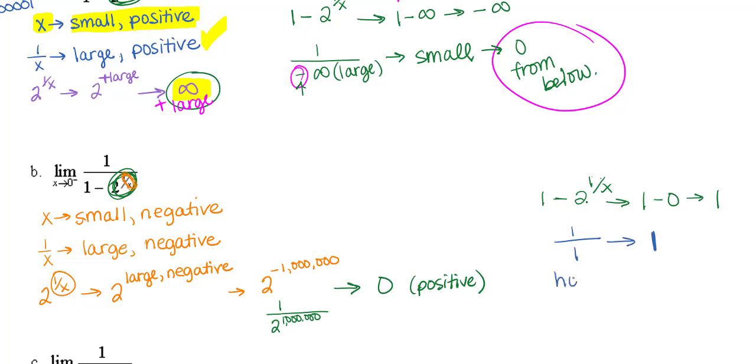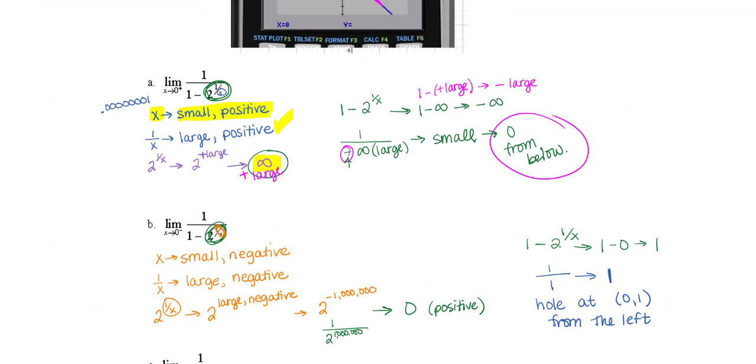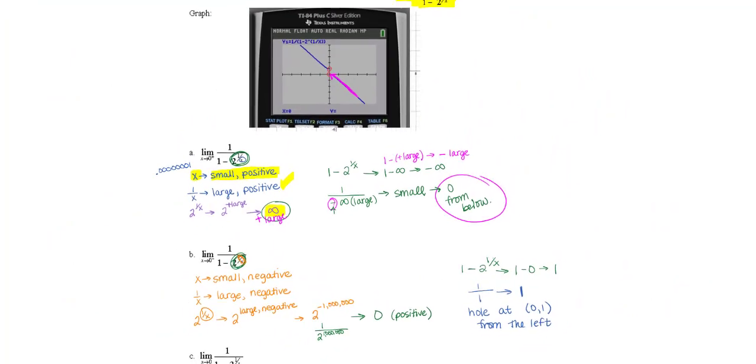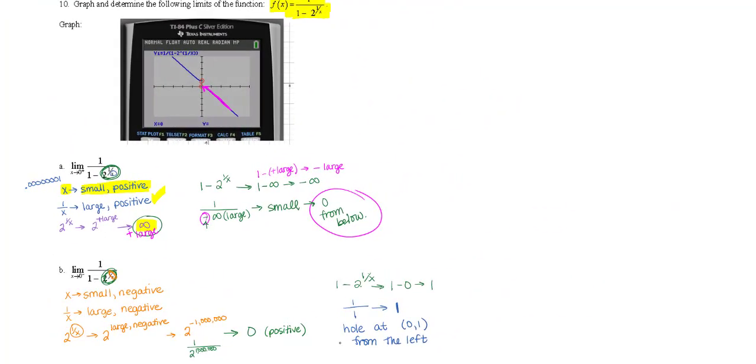And that's why we can see that we have a hole at 0, 1 from the left. So let's verify that that's what it looked like graphically. So do we have a hole at 0, 1 when we approached from the left? Yes, we were coming in this way, remember, and we said that that hole looked like it was at 0, 1, and now we know it is.